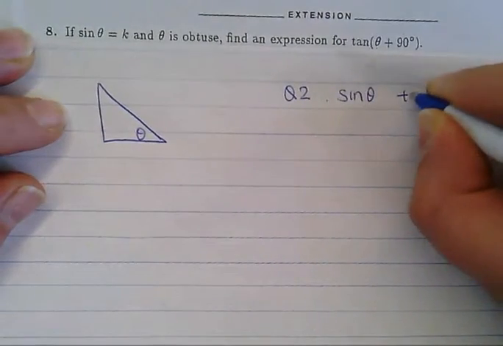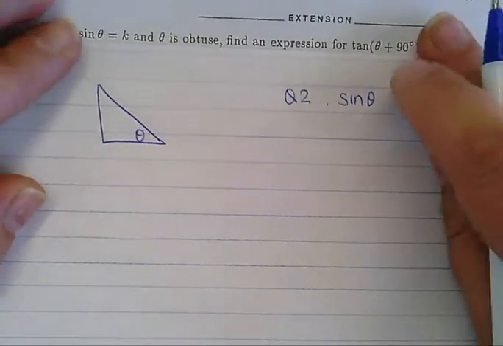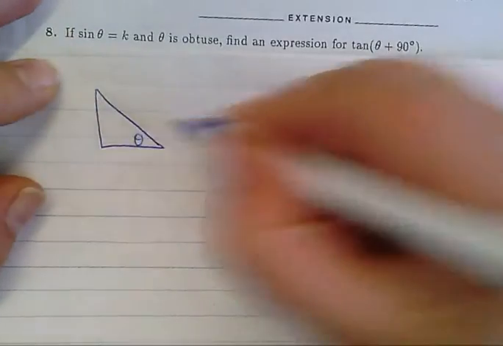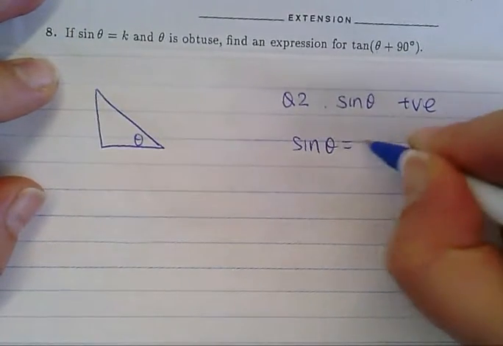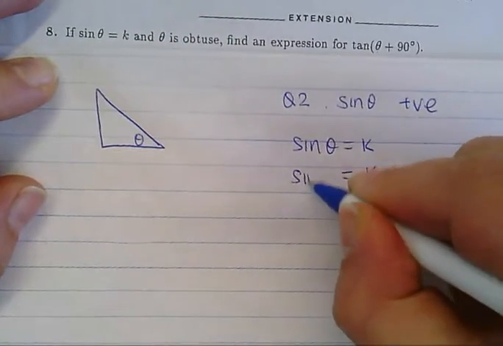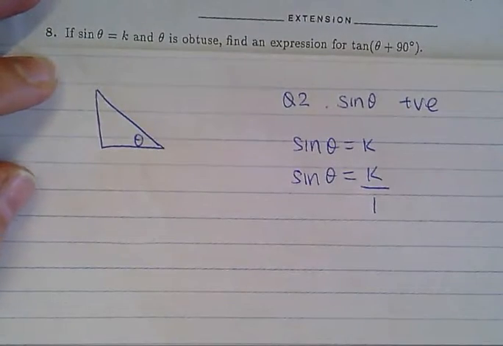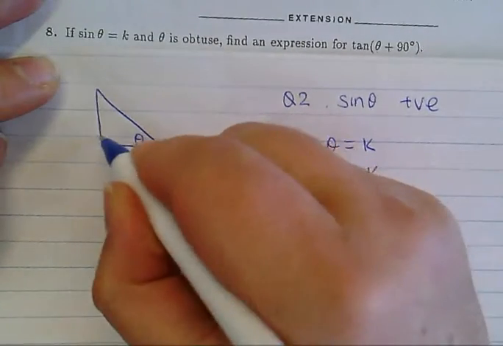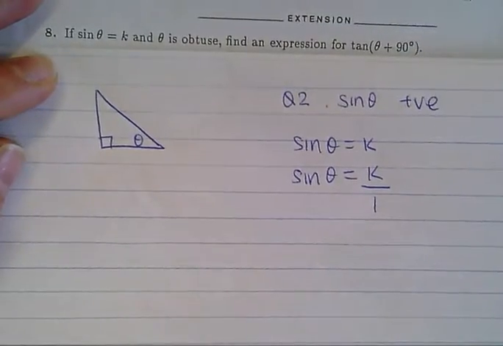Sine theta is positive. Don't worry about this tan of theta plus 90 in a minute. Let's just do this up. Sine theta is k, which means k over 1, because you can't draw up a right angle with one side. We need 2 with the ratio. So where do I put the k and where do I put the 1?